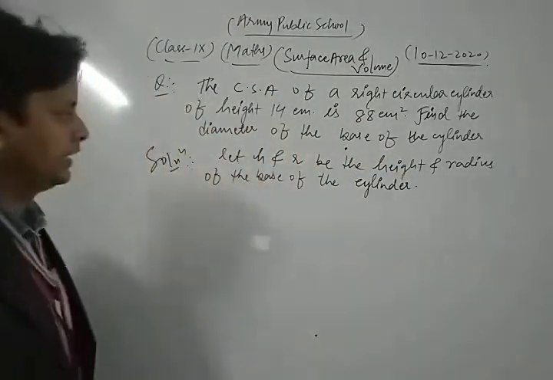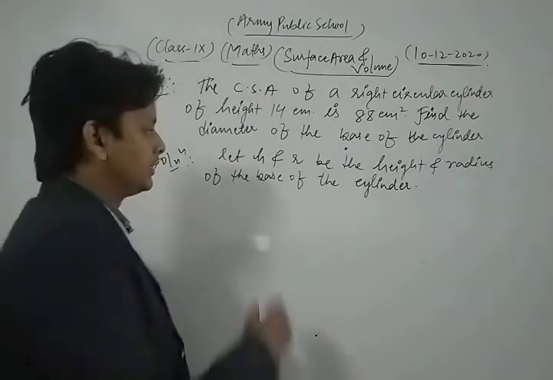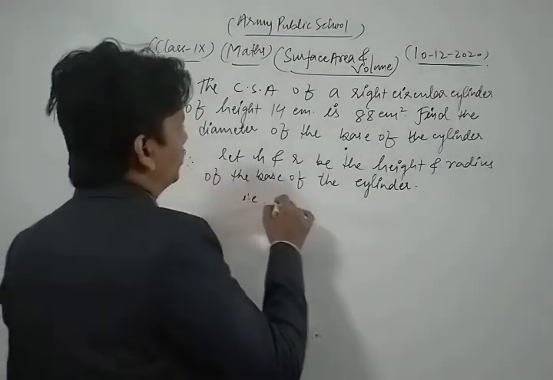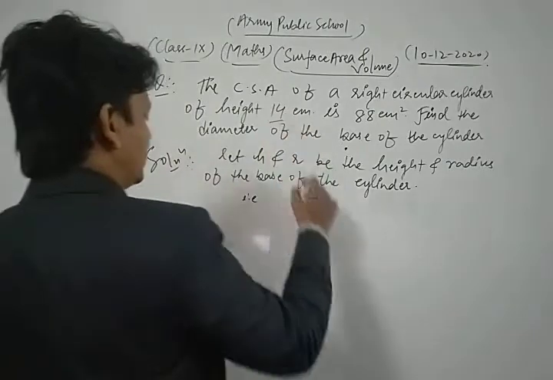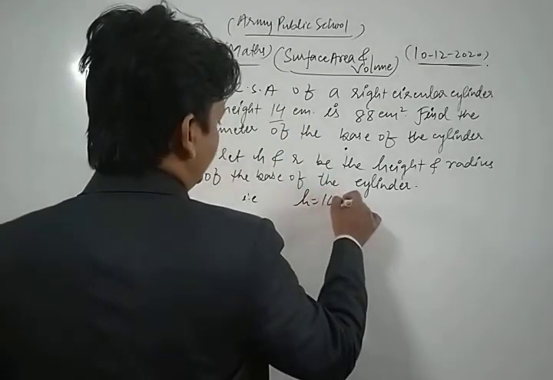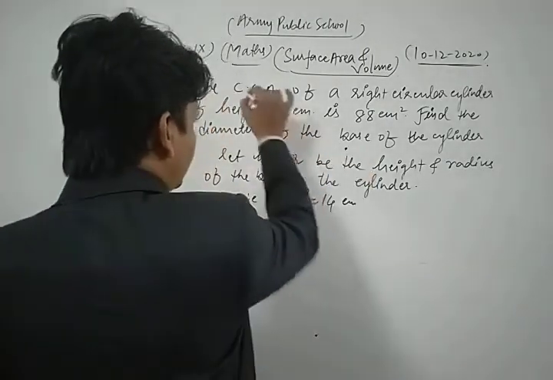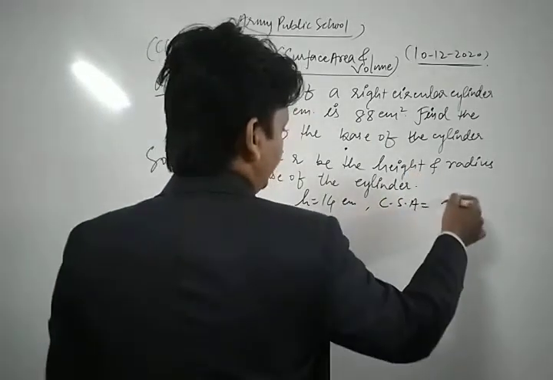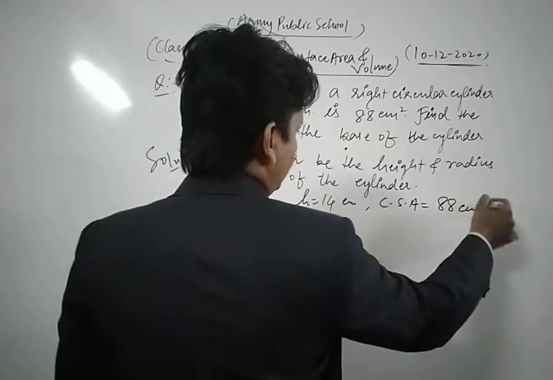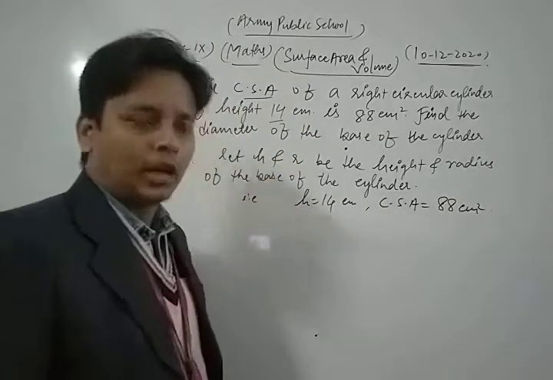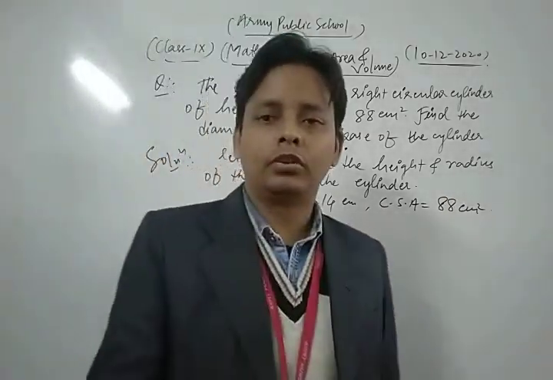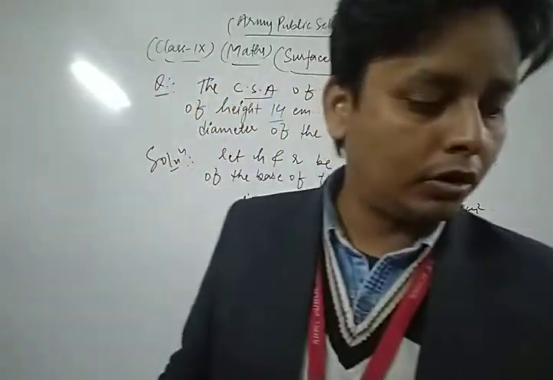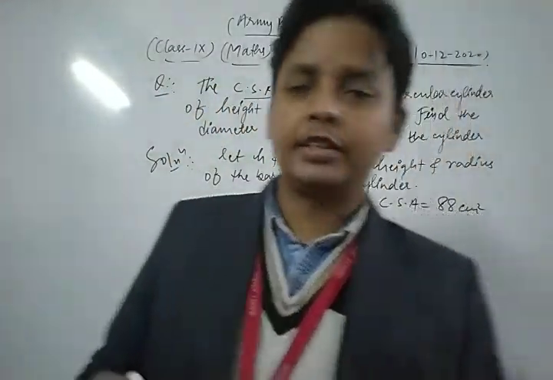The height of the cylinder is h, which is given as 14 centimeter, and the curved surface area of the cylinder is also given as 88 centimeter square. Now, dear students, we apply the formula for the curved surface area of the cylinder.